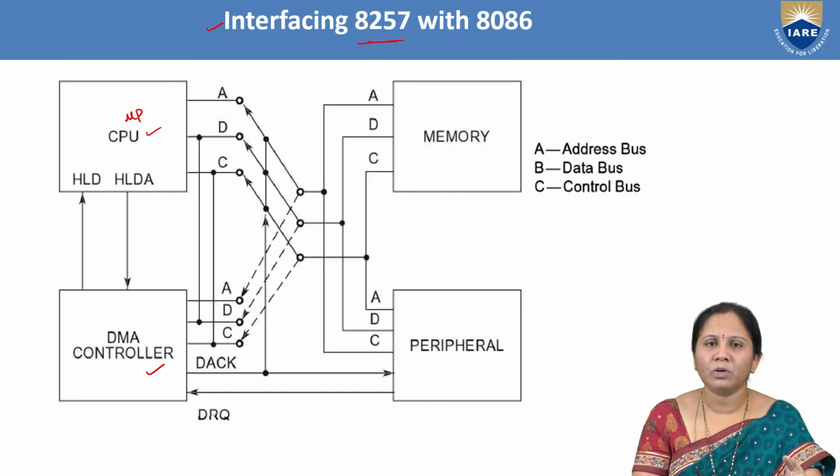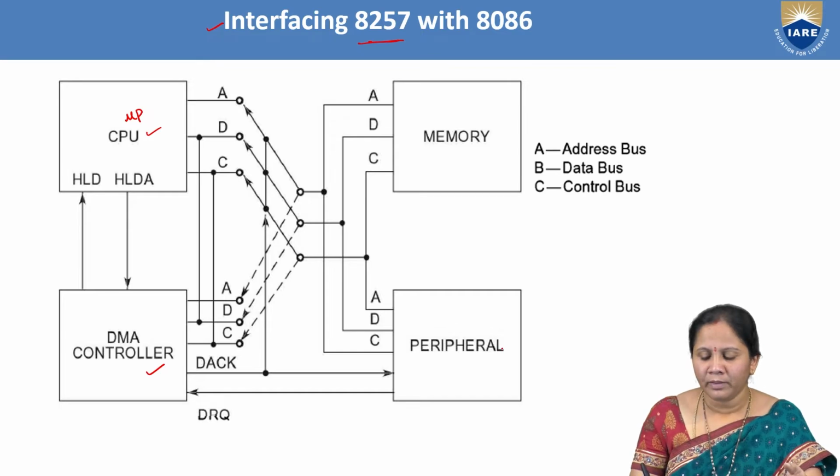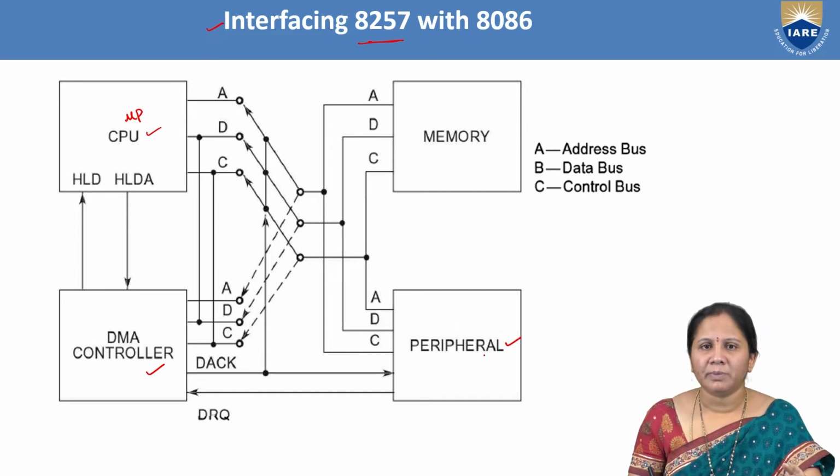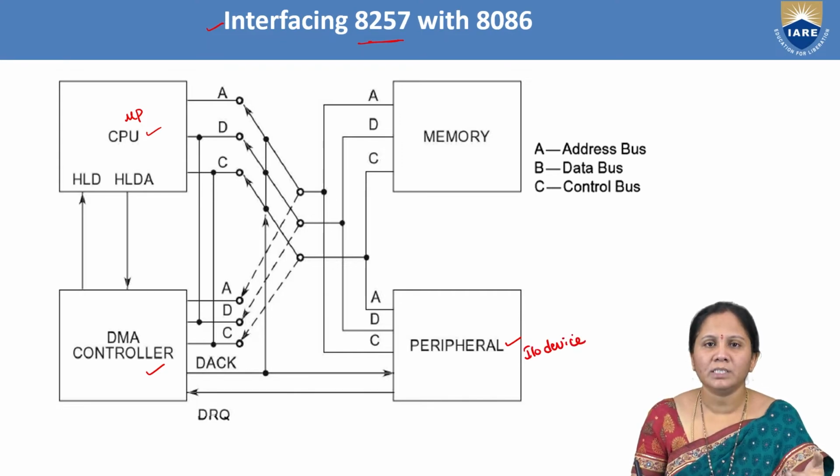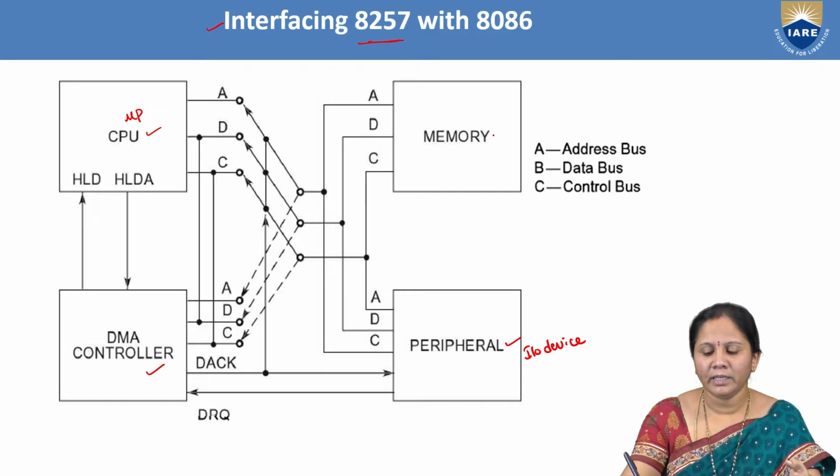This DMA controller may be either 8237 DMA controller or 8257 DMA controller. And here comes the peripheral device. It is nothing but the IO device that we need to connect to each channel. And here there is a memory.